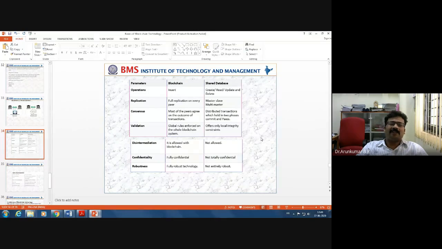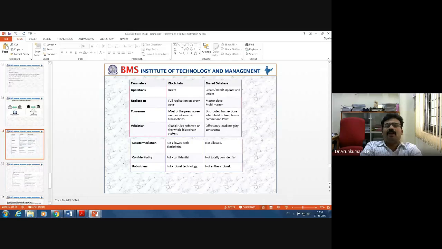With respect to the replication parameter, there is full replication on every peer. Because in a distributed peer-to-peer architecture, a copy of the blockchain is maintained with every user. But in case of a shared database system, master-slave and multi-master concepts are possible.